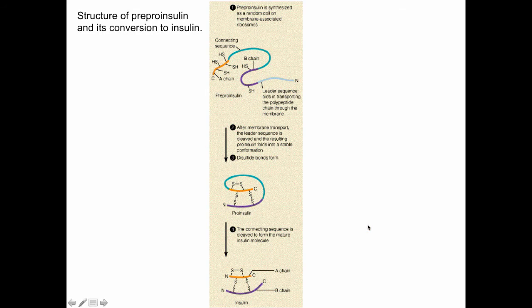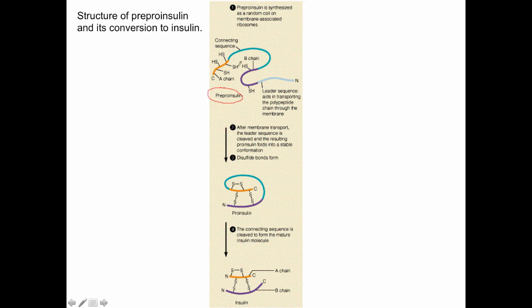Another example of this process is the production of insulin. Okay. So insulin is first produced as a long chain of polypeptides that we call pre-pro-insulin. Then there's a gene that codes for the pre-pro-insulin polypeptide sequence.